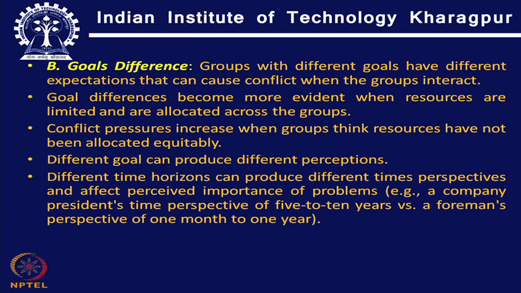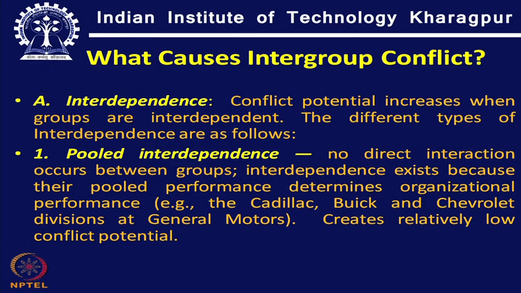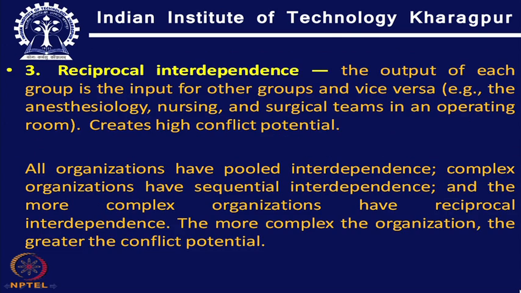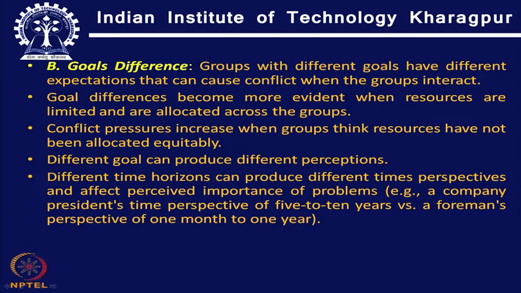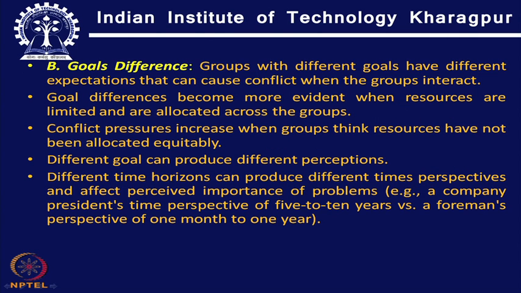Next is goal differences. So, we talked about interdependence, one of the factors which leads to intergroup conflict. So, first we have discussed interdependence. Next we talk of goal differences.